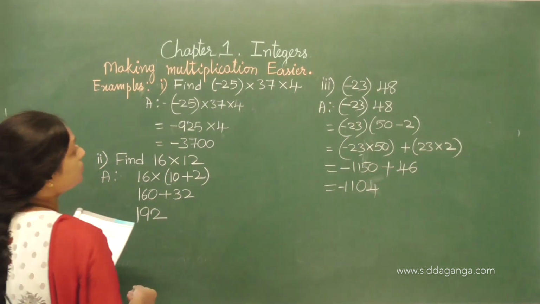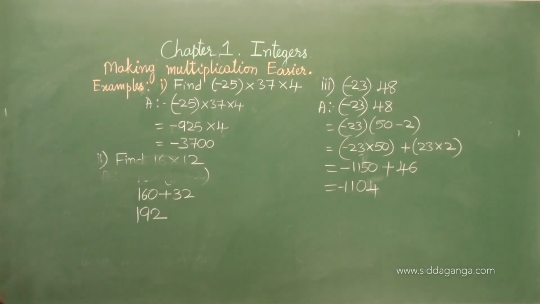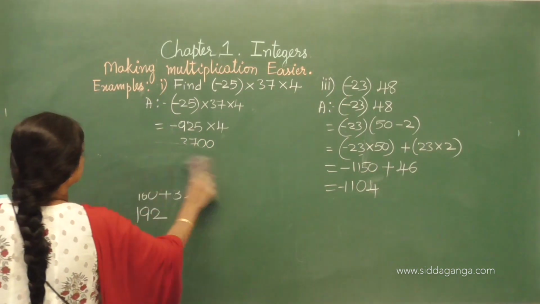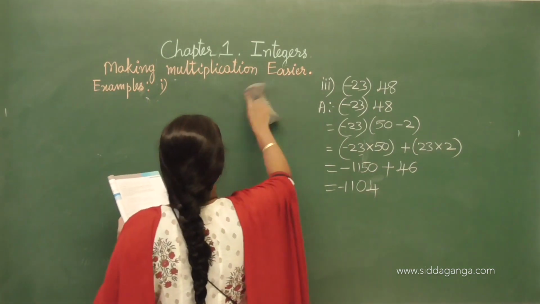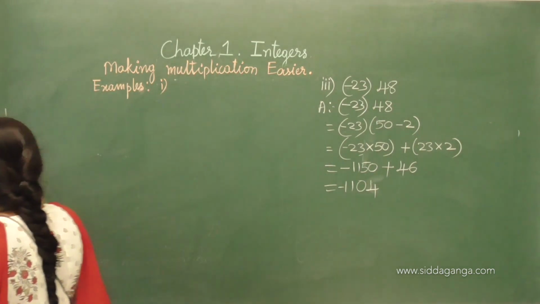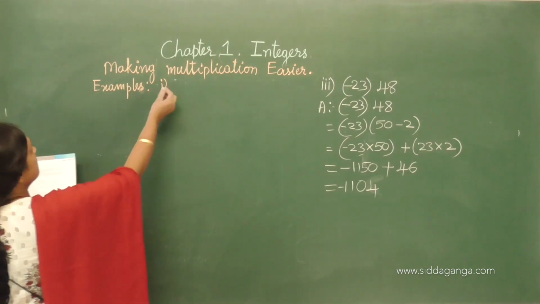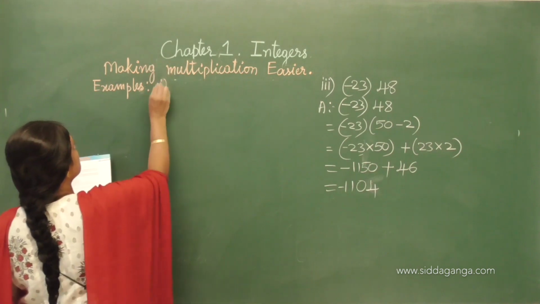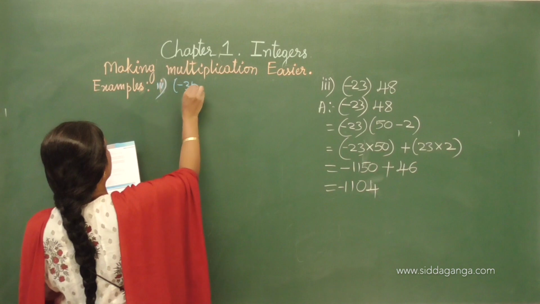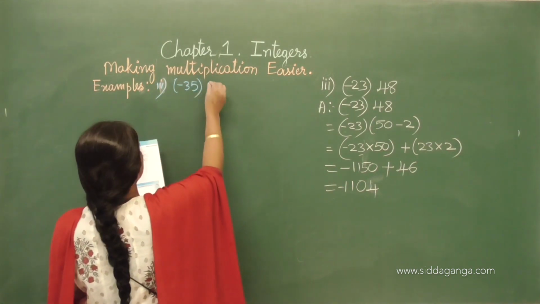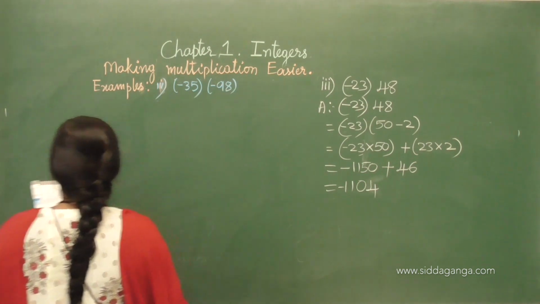This is making multiplication easier. Then the fourth one is minus 35 into minus 98.